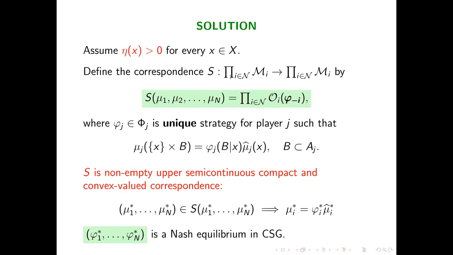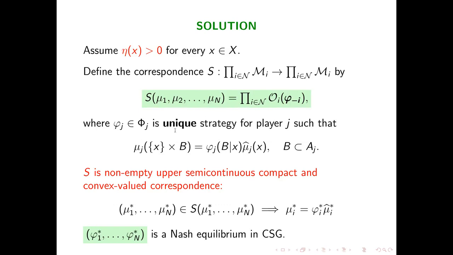So in other words, we take some occupation measures, mu1 to mu n, and then thanks to this integration of this measure, we obtain the stochastic kernel phi I. This is a stationary strategy for player I.